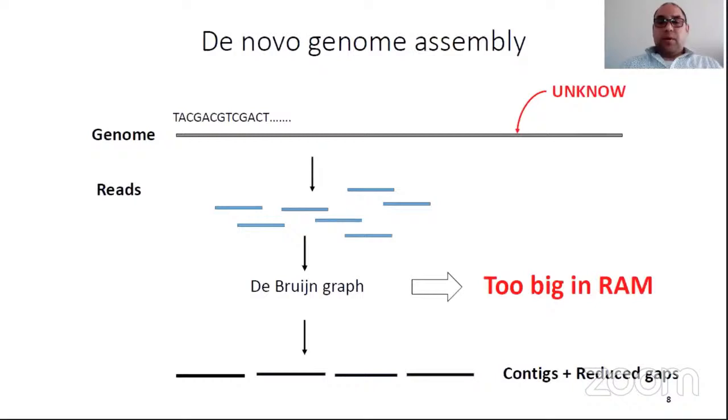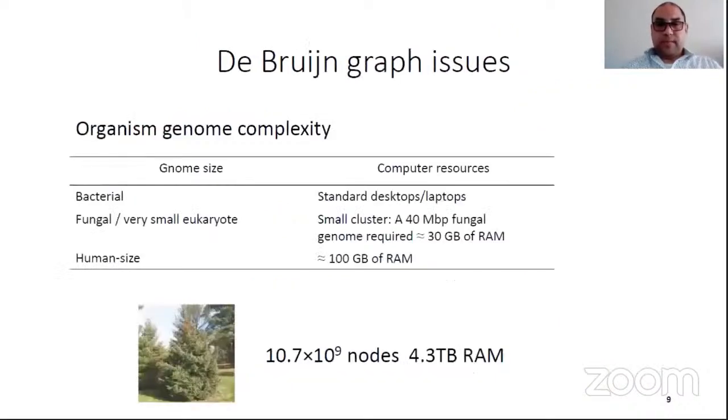But the approach using the De Bruijn graph has a big problem, because in some cases the graph is too big to fit in RAM. This is caused by two main issues. First, the organism's genome complexity. If the genome is bacterial, we can deal with that graph using a standard desktop or laptop system.